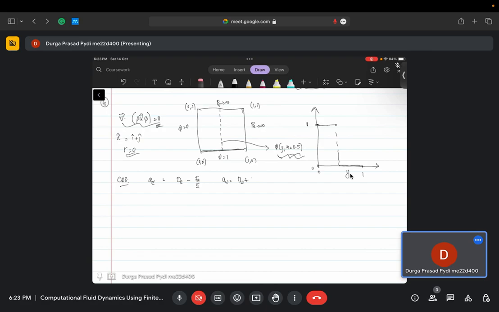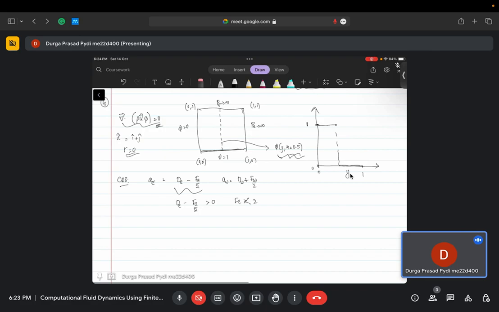Say it is a 2D domain, but you will have A north and A south also. You want the coefficients to be positive, so you essentially require dE minus Fe by 2 to be positive, which will happen only if F is less than 2 times dE, so your Peclet number is less than 2.